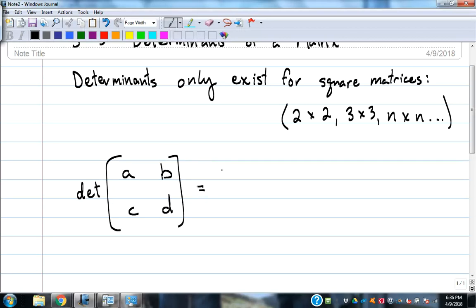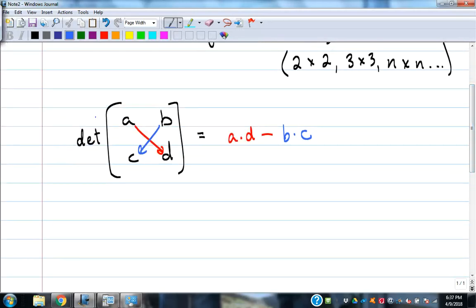In order to find that determinant, you multiply diagonals: A times D minus B times C. That would get you the determinant of a 2 by 2 matrix. You multiply top left times bottom right, and subtract away top right times bottom left. And I'm going to show you that with a calculator too.